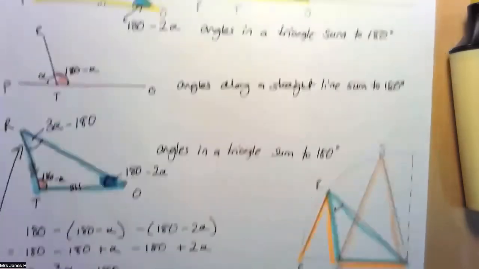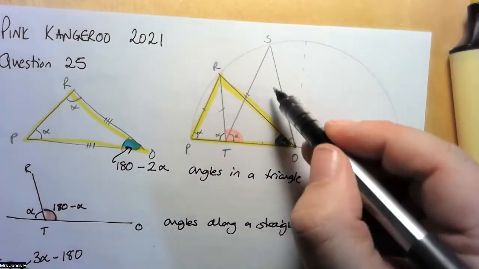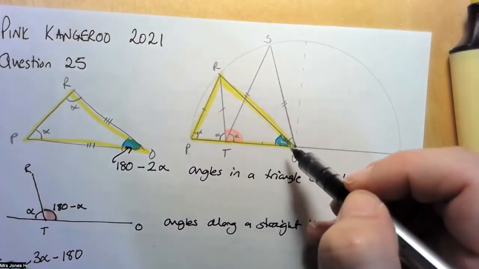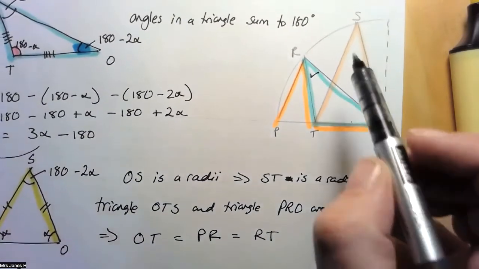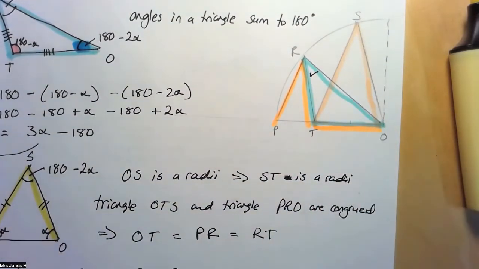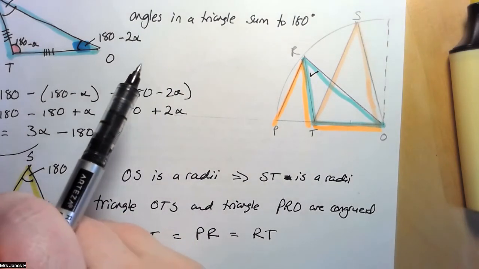If we now look at this triangle just here, the OST triangle, so this is the OST triangle itself.